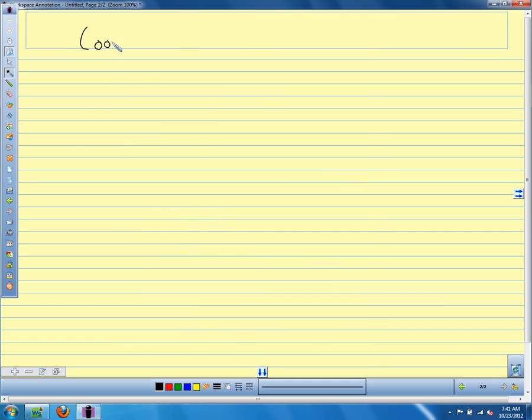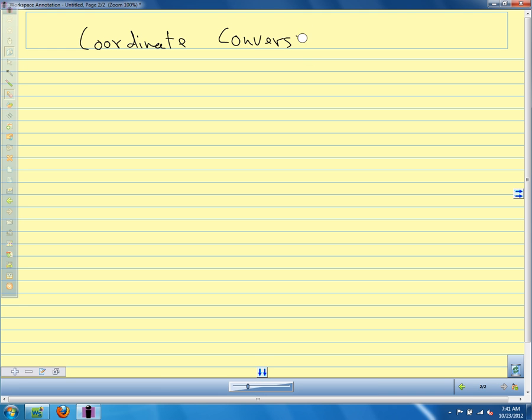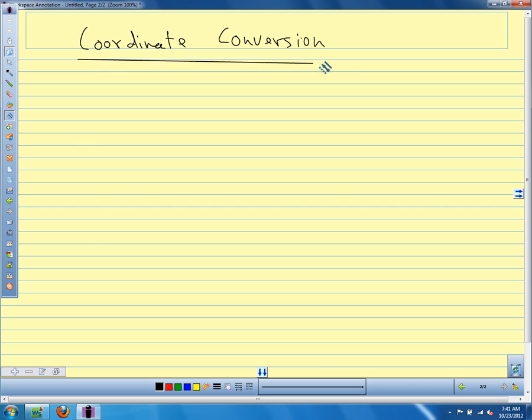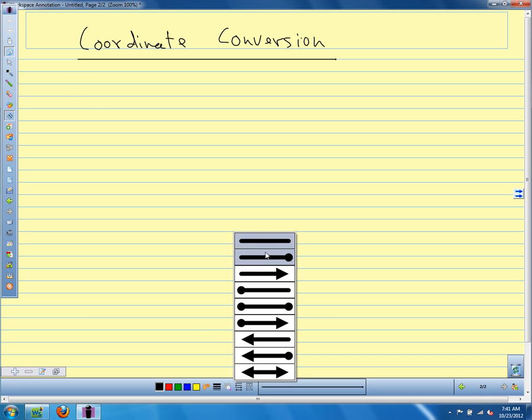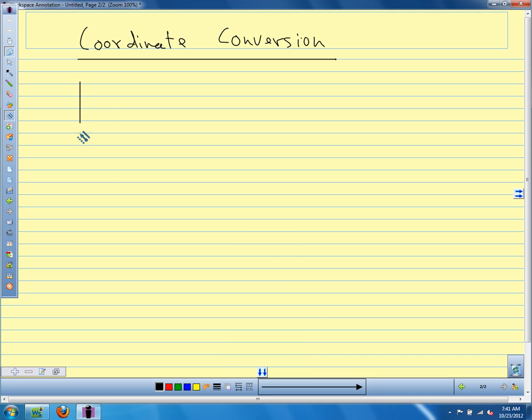So let's go over this quickly. We just want to be able to switch back and forth between coordinates, and we'll end up using these tools when we talk about equations in polar coordinates. So I'm going to overlay our polar coordinates on our rectangular coordinates.